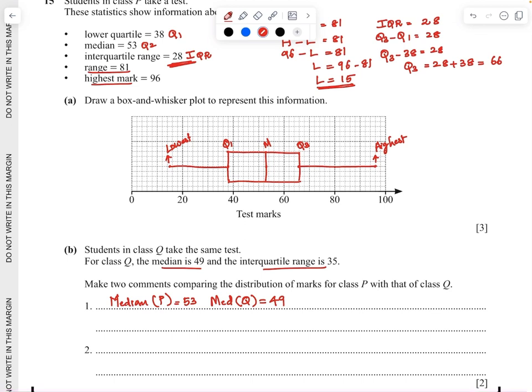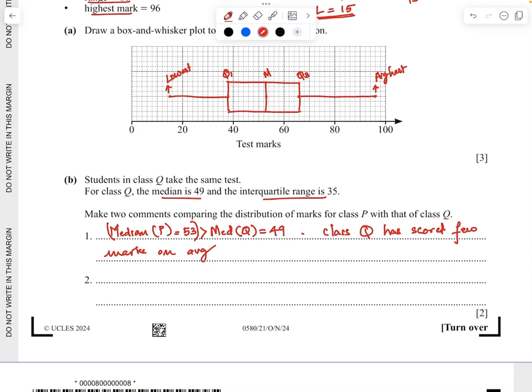So the median of P is greater than the median of Q. Which means that class Q has scored fewer marks on average.